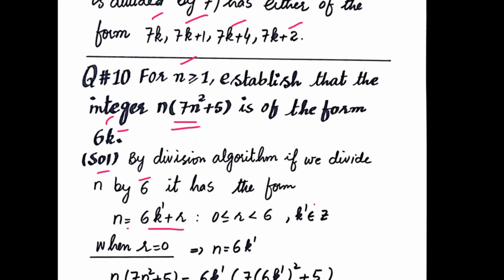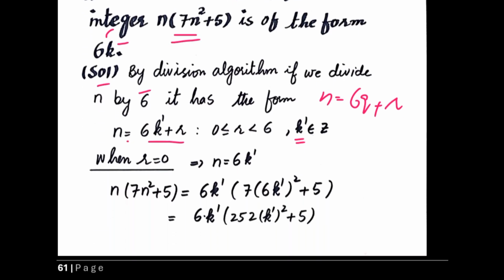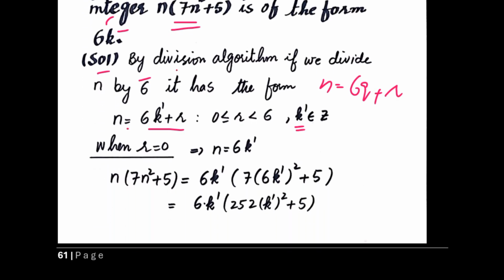You can write it as n is equal to 6q plus r if you are irritated with k dash, where r lies between 0 and 6.